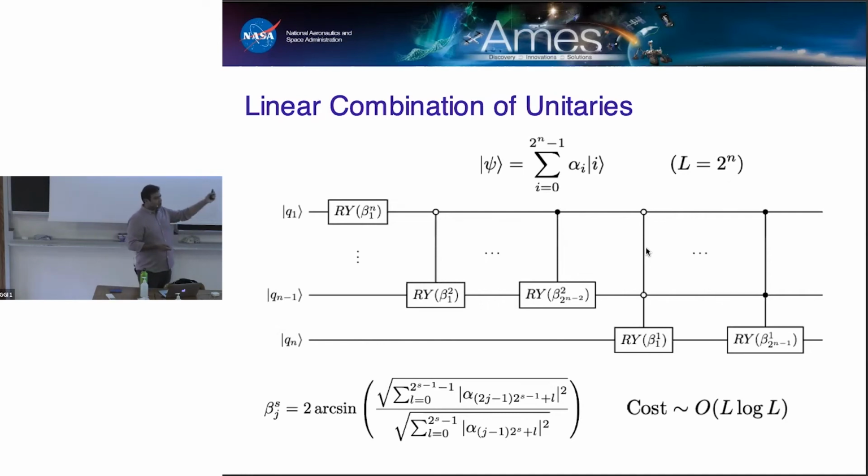And it can be shown that if you have, say, a multi-controlled NOT gate, something like C to the N NOT, then that operation could be implemented using order N primitive operations. Since order N over here is actually log L, that's why the cost is something like L times log L.